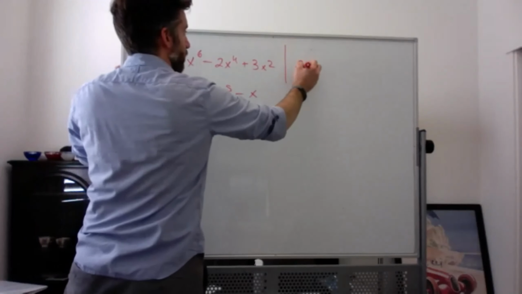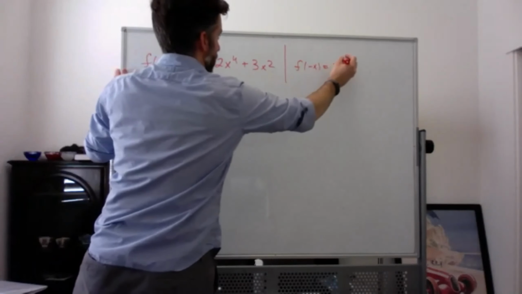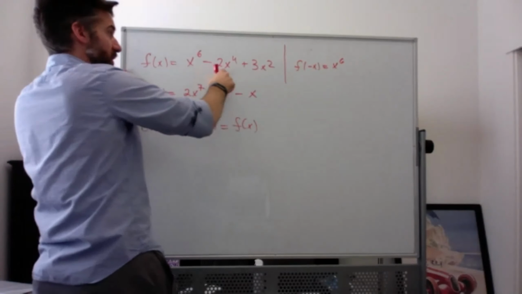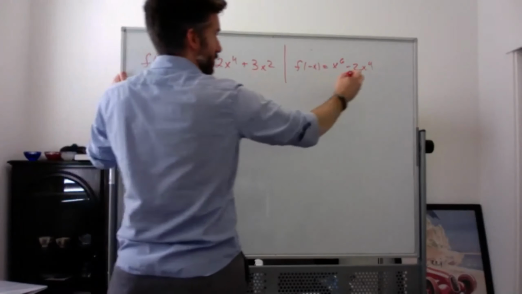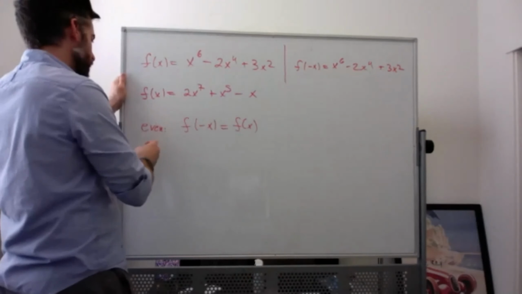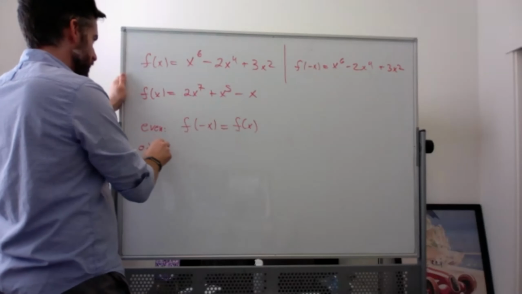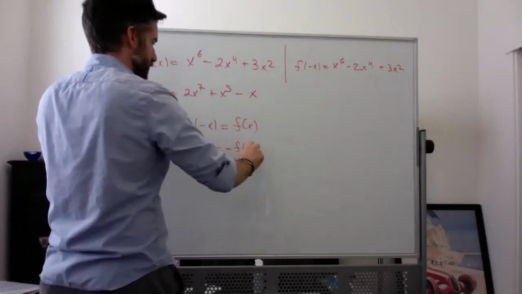Here if I look at f of negative x, I get negative x to the 6th, which is just x to the 6th. I get minus 2 times negative x to the 4th, which is minus 2x to the 4th. And I get 3 times negative x squared, which is just 3x squared. It's the same. On the other hand, for odd functions, f of negative x is equal to negative f of x.